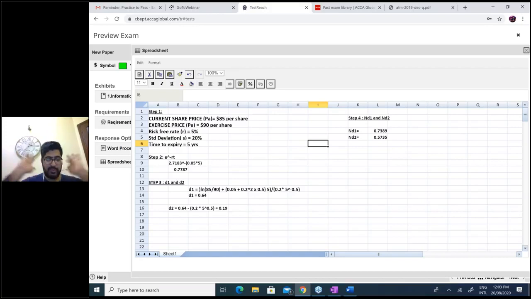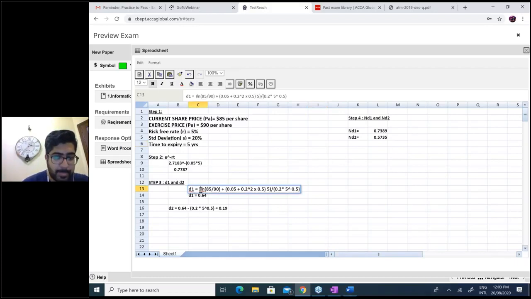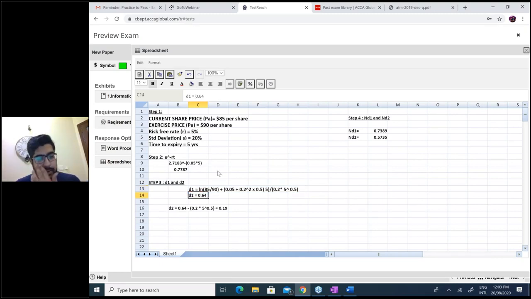D1, D2. The D1 formula is given and D2 is given. ln 85 over 90, PA over PE, plus 0.05, that is R, plus S squared into 0.5, T, divided by S root T. You get D2 as D1 minus S root T.